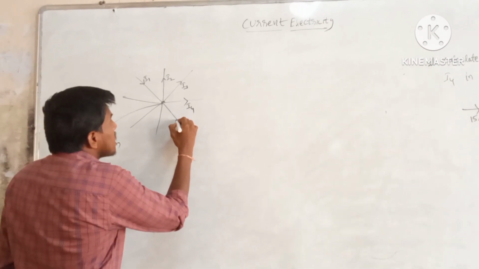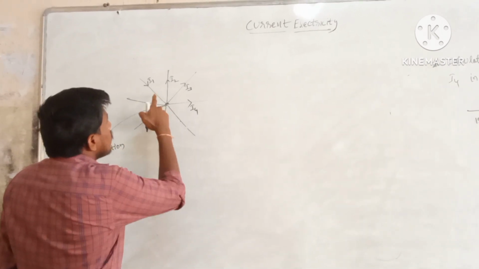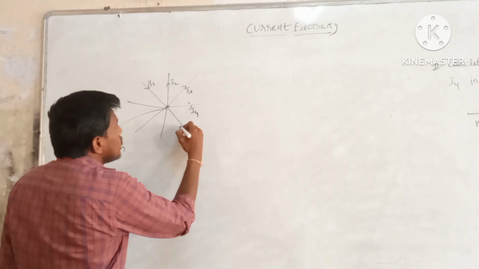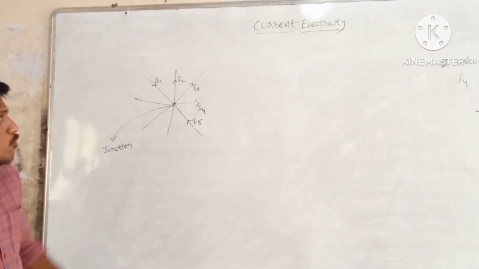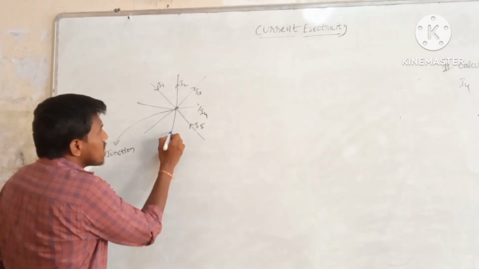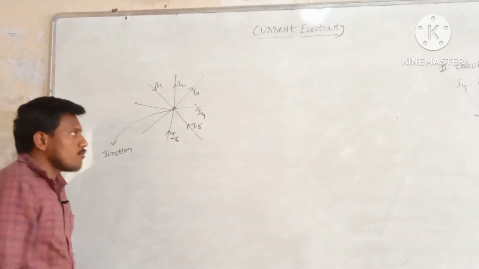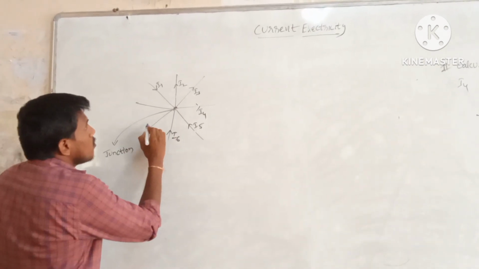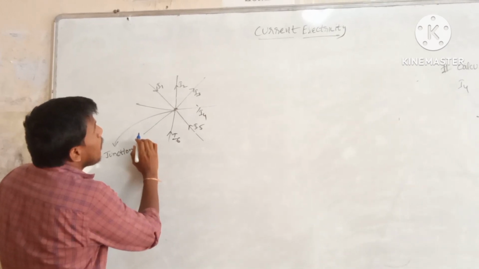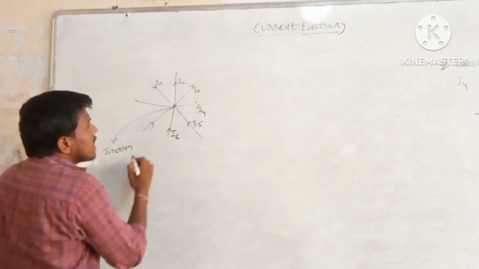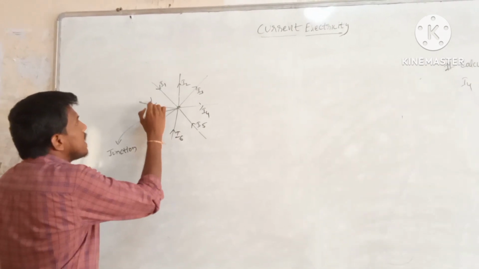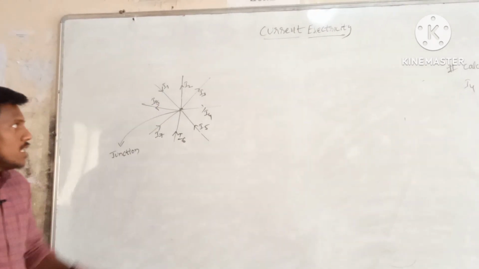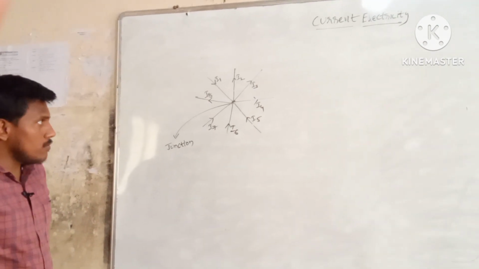Through the fifth conductor, I5 current is flowing towards the junction. Through the sixth conductor, I6 current is flowing towards the junction. Through the seventh conductor, I7 current is flowing towards the junction. Through the eighth conductor, I8 current is flowing away from the junction.